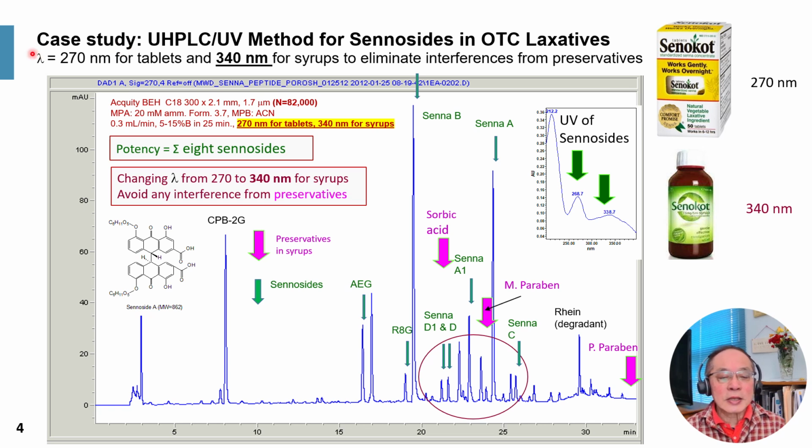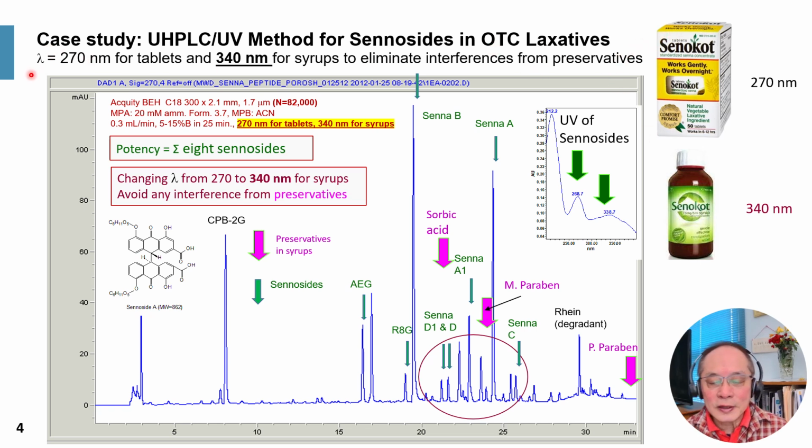Here's one case study to support our statement that in some cases coelution is okay with UV detection if you're using a wavelength with no absorbance for the interfering compound. This case study came from a validated method using UHPLC with UV detection for sennosides in an OTC, over-the-counter, laxative product.